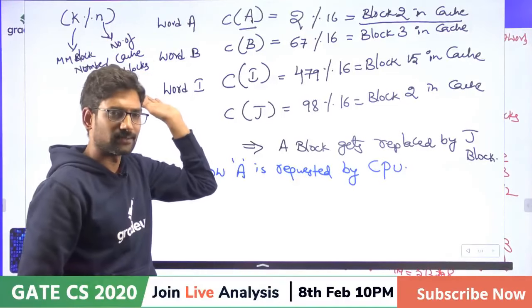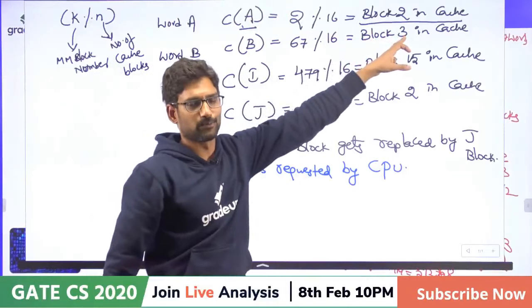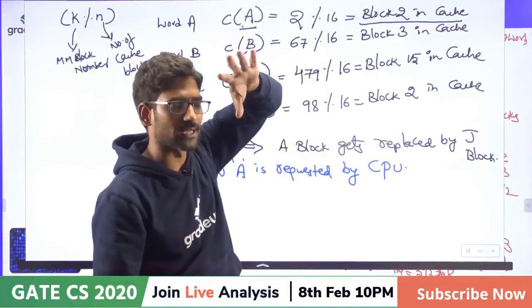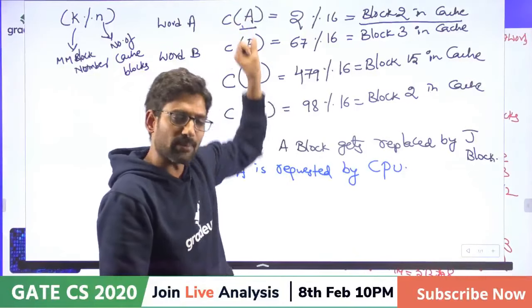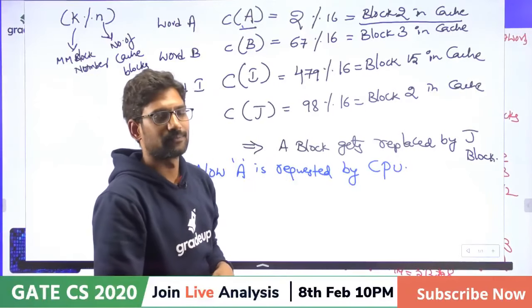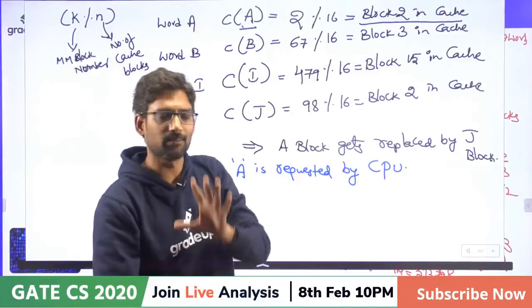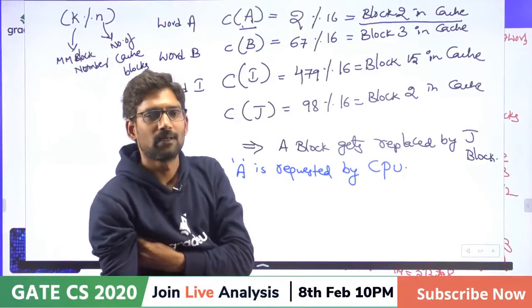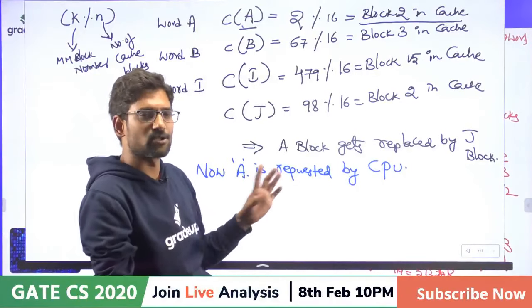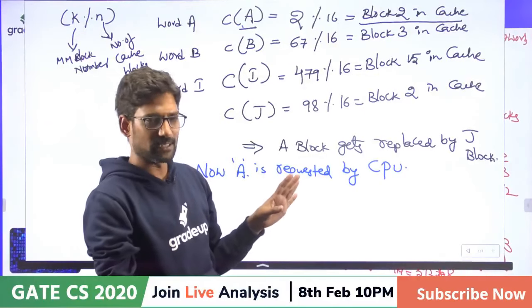A compulsory miss occurred the first time; that's why the cache brought it and put it in block 2. Please remember, without a compulsory miss there is no chance for that block to come into cache. That's why this name is given: mandatorily a miss must occur for that block. Now A is requested, but it's not the first time, so there is no compulsory miss chance.